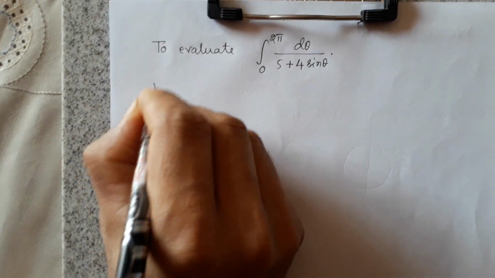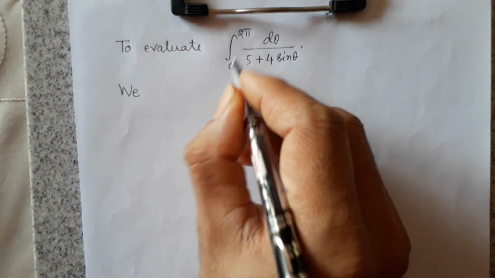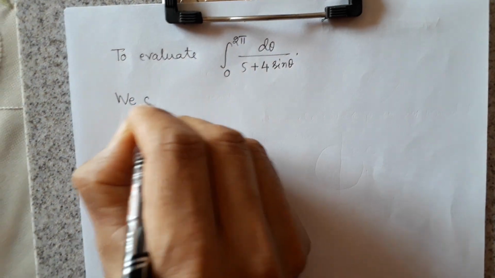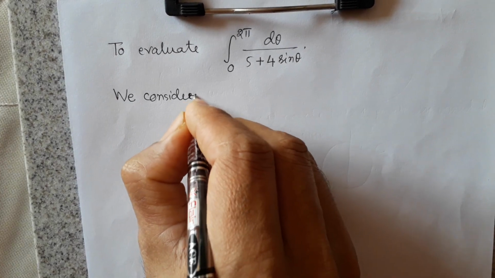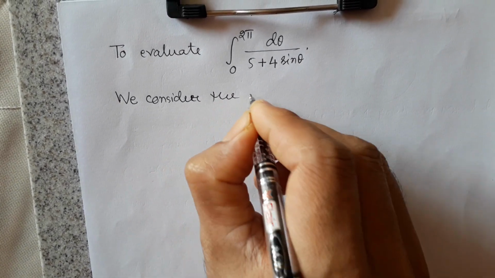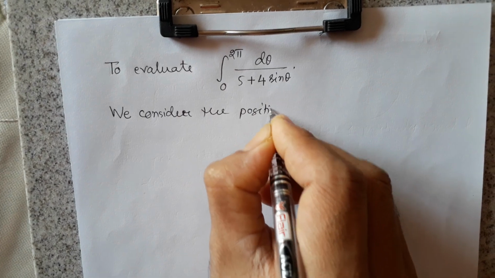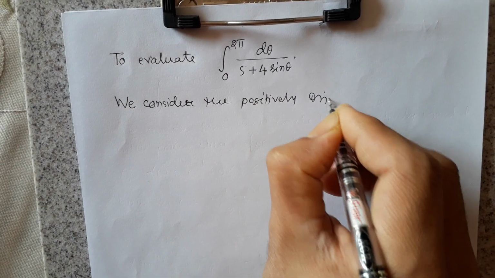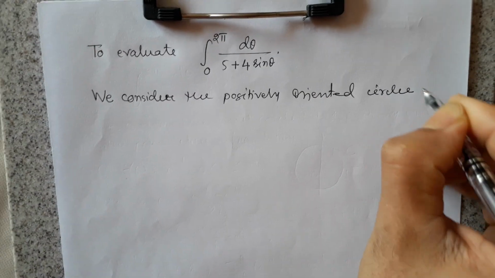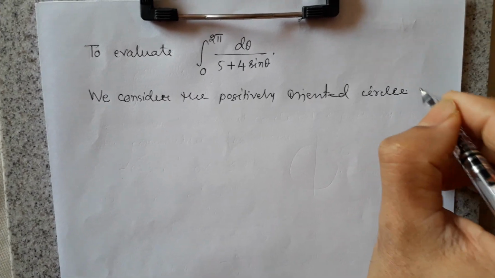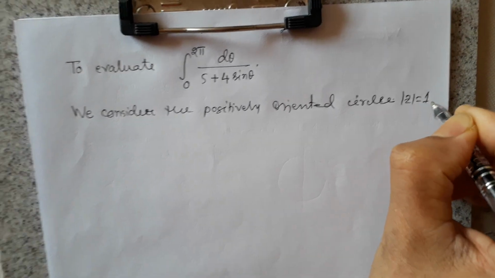Because the limits are from 0 to twice pi, we consider the positively oriented circle mod z equal to 1.